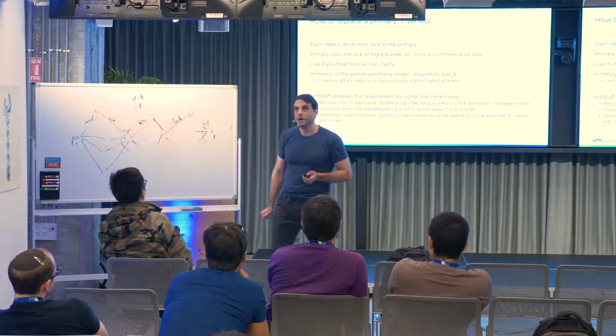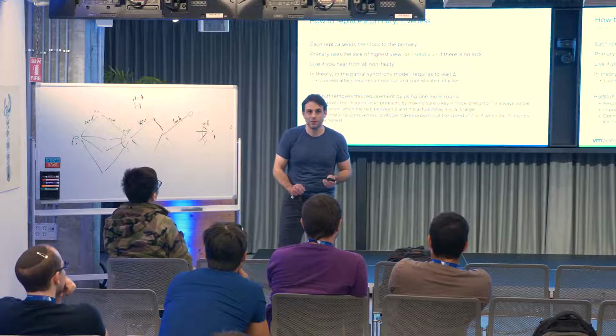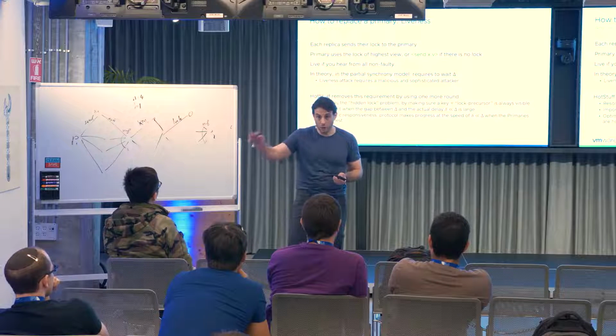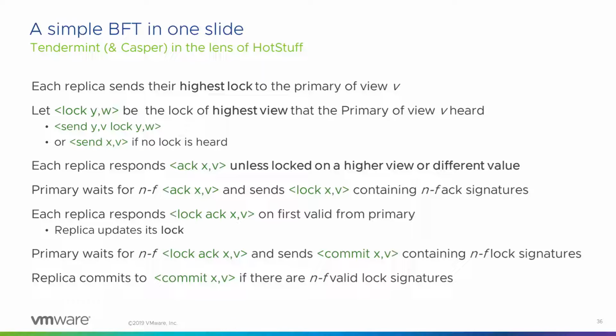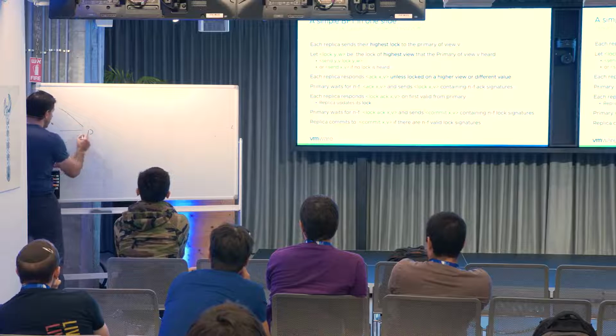So we're almost done. Here's an attempt to do the basic protocol without this one extra round of key in one slide. We're actually starting from this view change phase. Here's the primary, and everybody is sending messages to the primary.